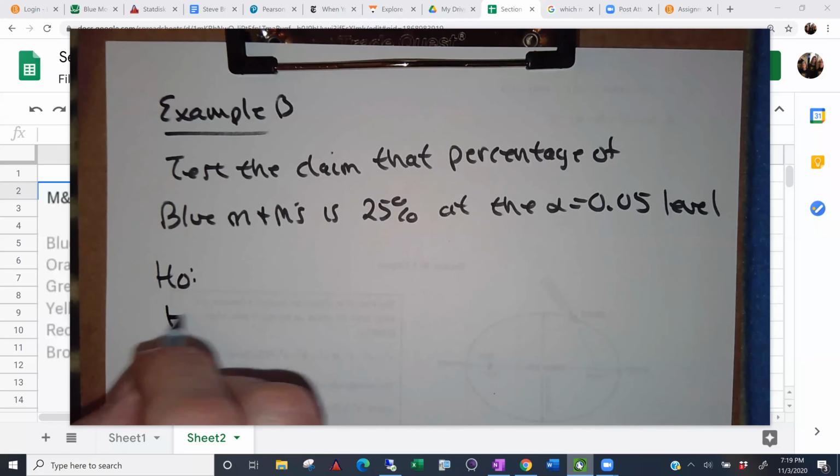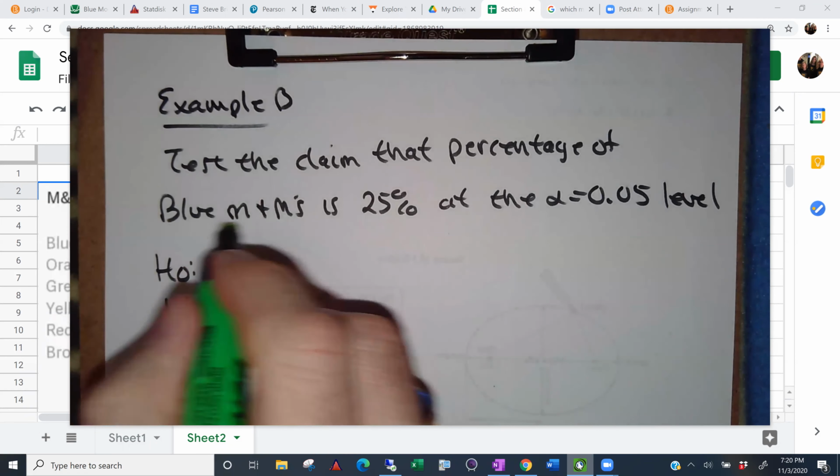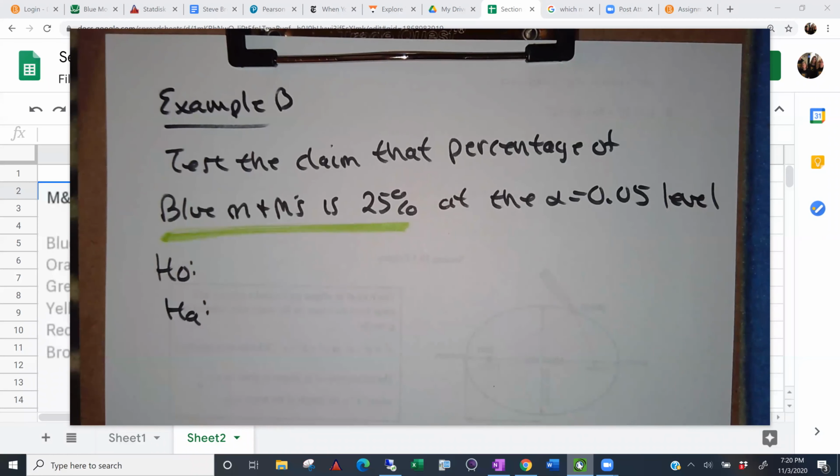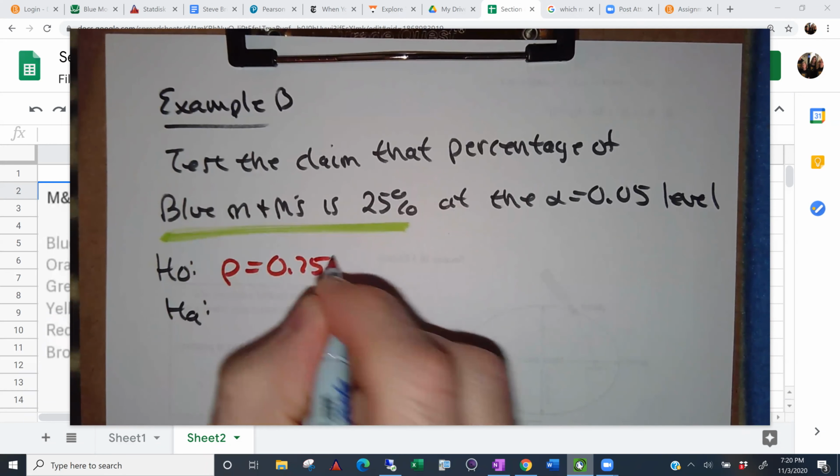Let's see if we can set up H0 and HA. So the proportion of blue M&Ms that we want is 25%. That's our original claim. P equals 0.25.